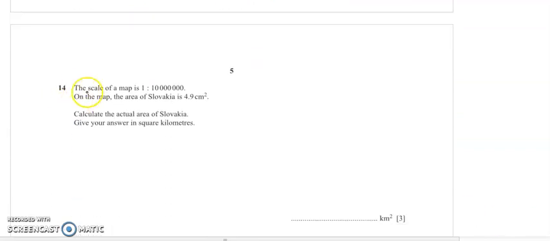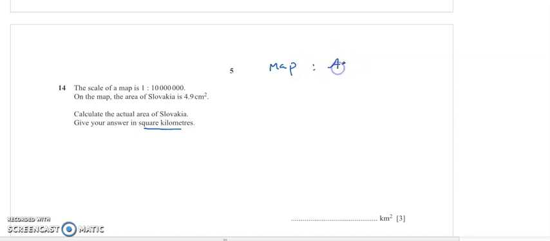Next, the scale of the map is 1 to 10 million. On the map, the area of Slovakia is 4.9 centimeters squared. So calculate the actual area of Slovakia. Give your answer in square kilometers. Now we know that if it is given in this form without any unit, this ratio is the map versus the actual.